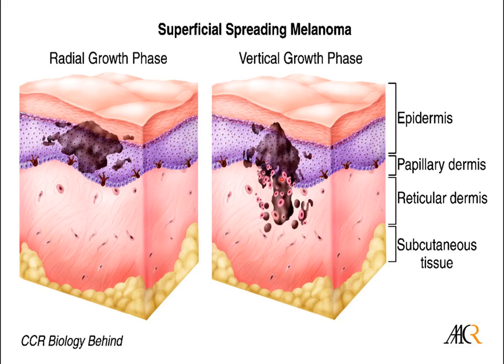This is the vertical pattern of growth, and this is the horizontal pattern of growth. Horizontal has no invasion of the dermis, and vertical has invasion of the dermis and the basement membrane, reaching the blood vessels in the dermis and making distant metastasis.